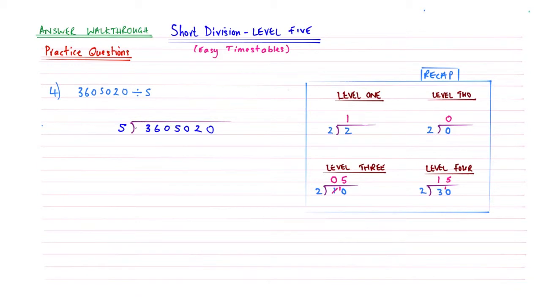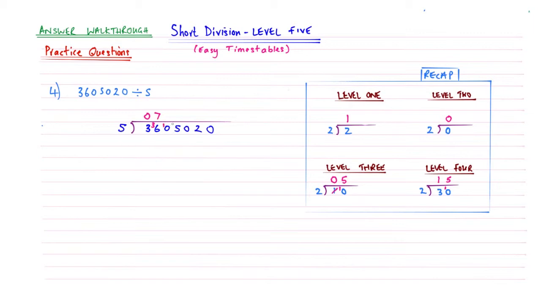Okay, so now we have practice question number 4. So now we're dividing this number by 5. So 5's into 3, well, that doesn't go, so we put a 0 and we're going to carry that 3. 5's into 36, well, 5 times 7 is 35, so it's 7 times with a remainder of 1.